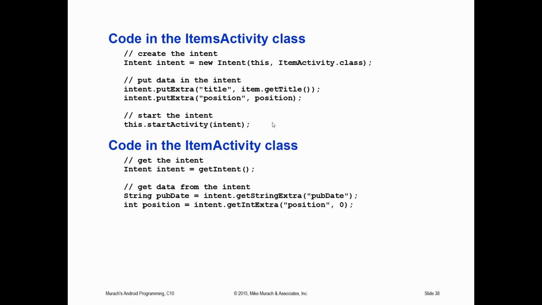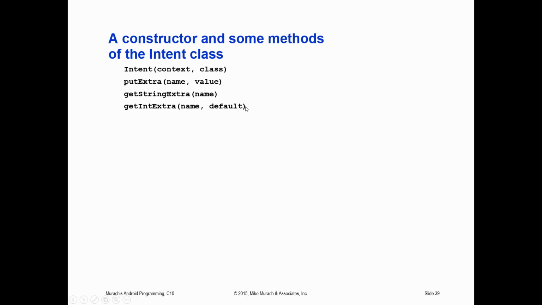You can use an explicit intent to pass data from one activity to another. The intent class provides get extra and put extra methods for most primitive data types.